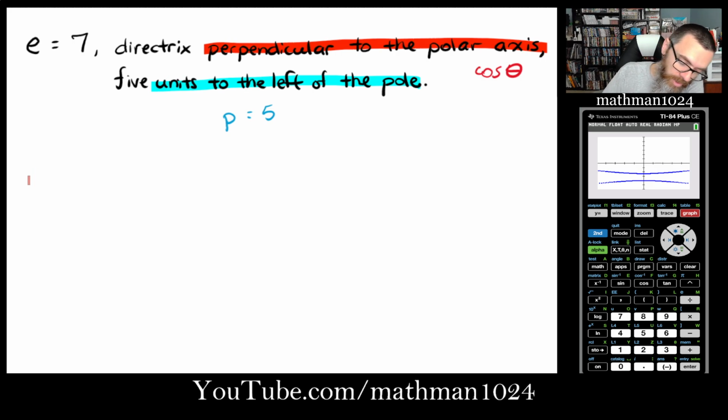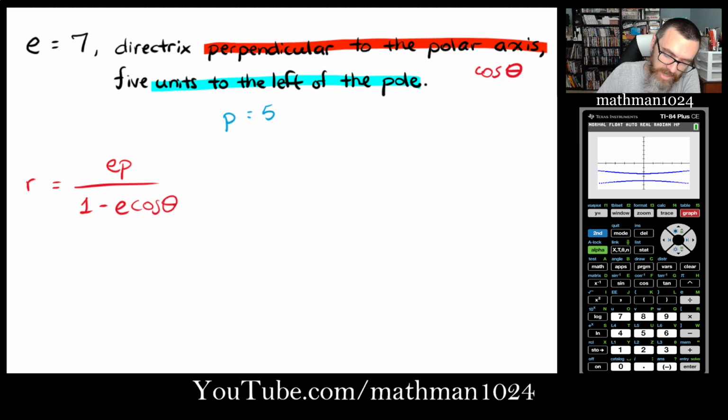So the form we need to work with is r equals ep over 1 minus e cosine theta. And the reason it's going to be minus is because we're talking about being to the left of the pole.